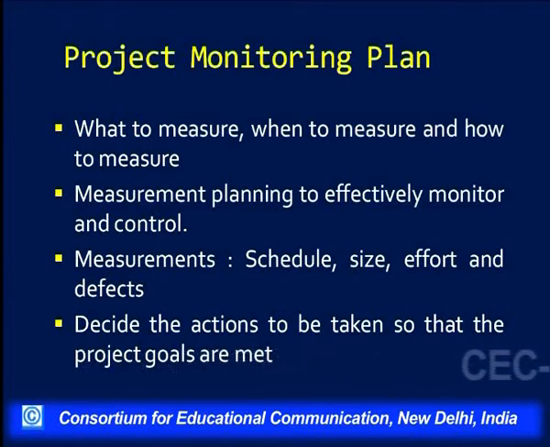The task of the project manager is to see that the system is working as per the schedule, making the best possible use of the resources, and has minimum defects. All aspects of the system are monitored, and strategies are used to control it if its behavior deviates from the standard set in the requirement specification document.